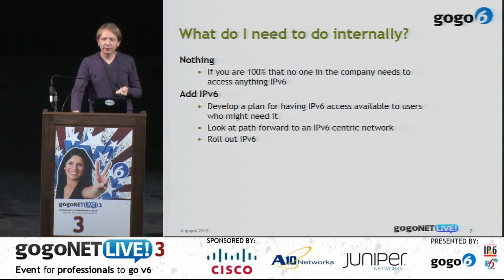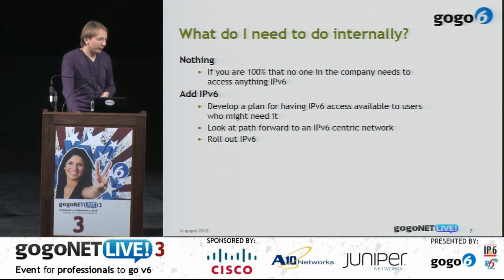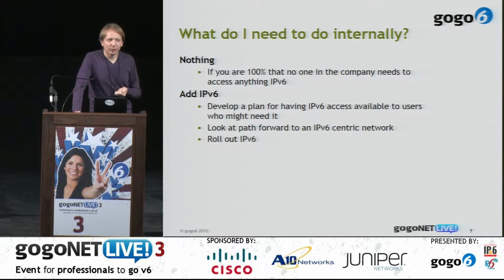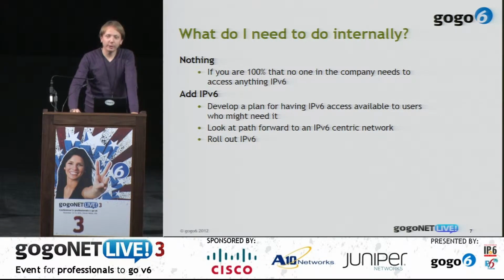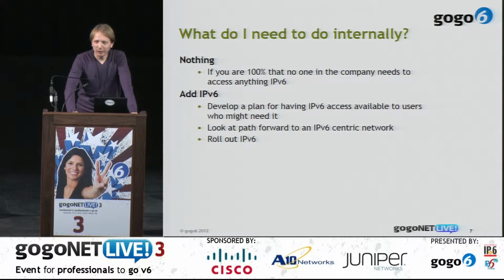If we turn attention to the inside, to your internal users in the network, you get to the same kind of question: what do you need to do? Oh, you don't need to do anything. It's working. You have your file service, you have your services, everything's running. So you don't need to do anything, except if you suddenly have users that need to communicate with external users, or you have a client somewhere that's running something on IPv6, and suddenly you have the situation where someone is screaming, I need connectivity now, fix it.